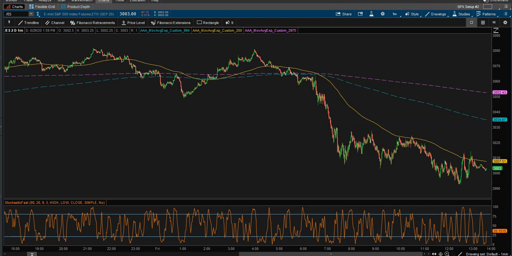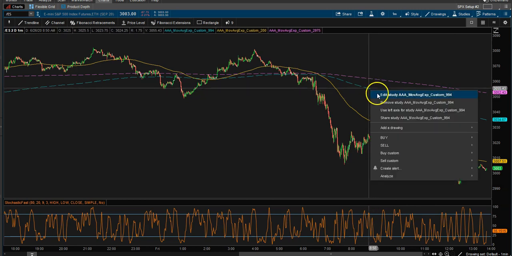So today's video is about different moving average times for different time frames, but all on one chart, if that makes sense. So let me walk you through this so you can see. Right now we have a 1 minute chart of the S&P E-mini futures, and the yellow line is the 200 period moving average line.